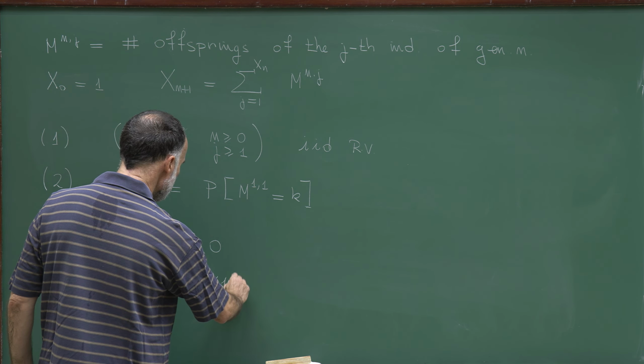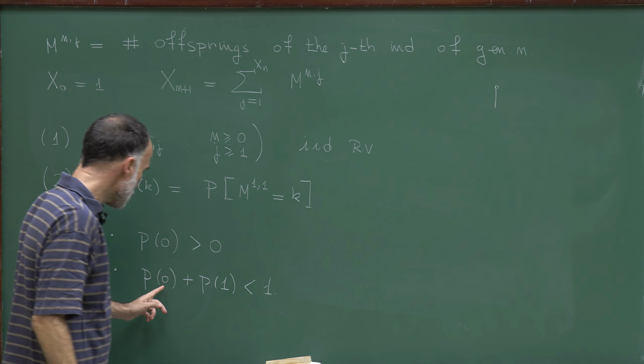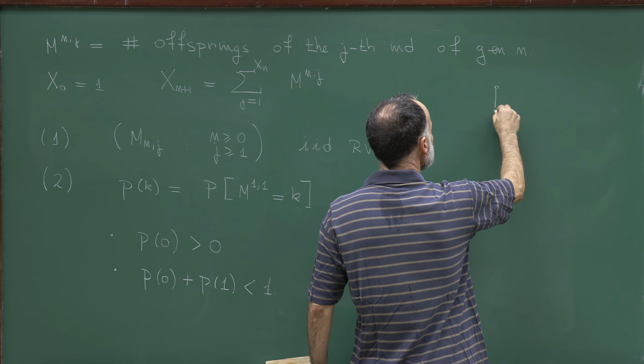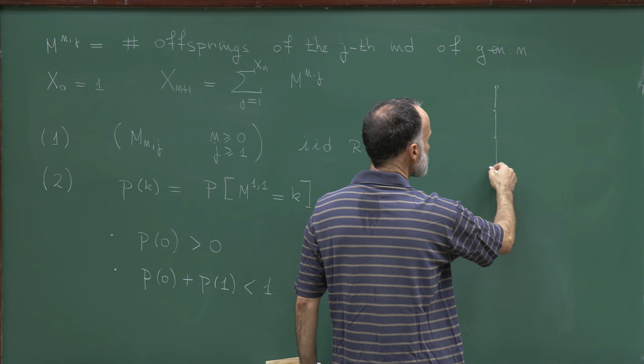Because if P0 plus P1 is equal to 1, what will happen is that you start with an offspring, then either it has no offspring or 1. So maybe it has 1, then the second one has 1, the third has 1, and then at some point you stop.